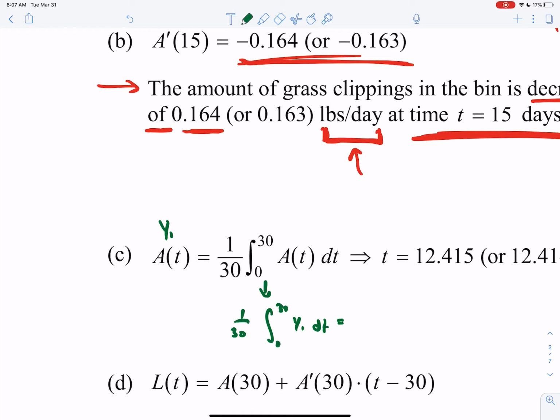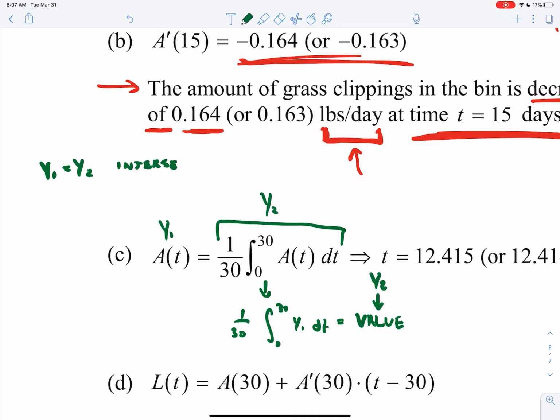Whatever that value is, you would type this into your y2. Or you could type in this whole thing as your y2 to begin with. It's up to you. But basically, you're going to graph y1 and y2 and see where they intersect.